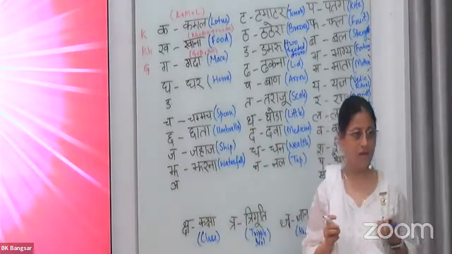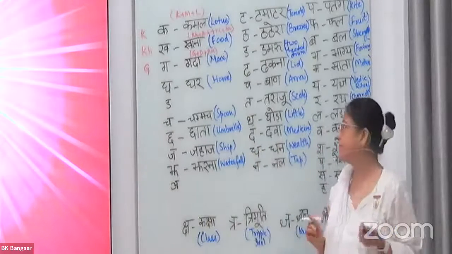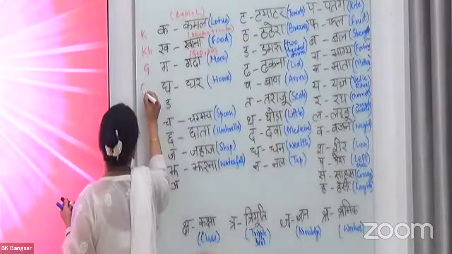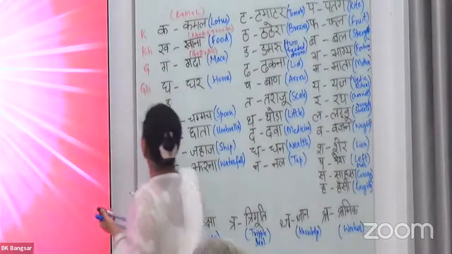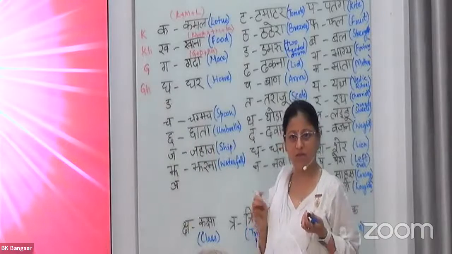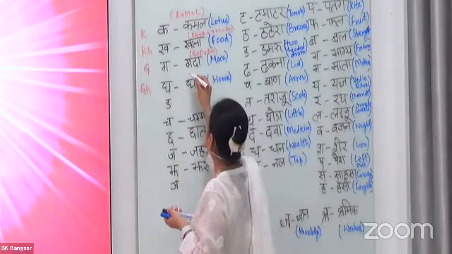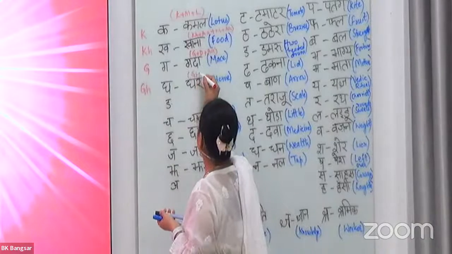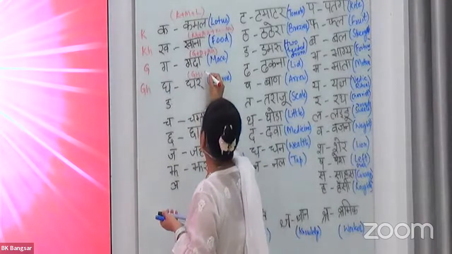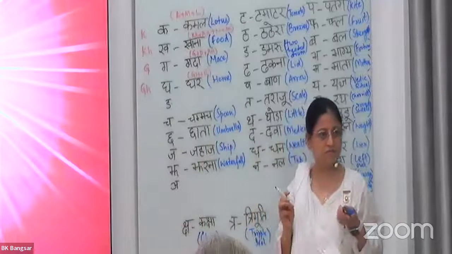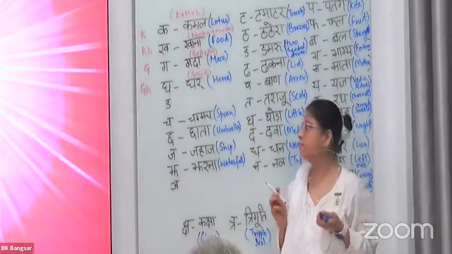G, da. Then is gh. Ghar. Home. Ghar. Home.